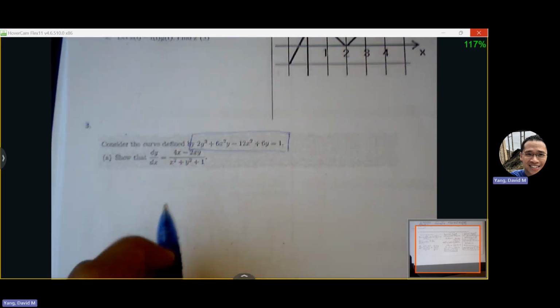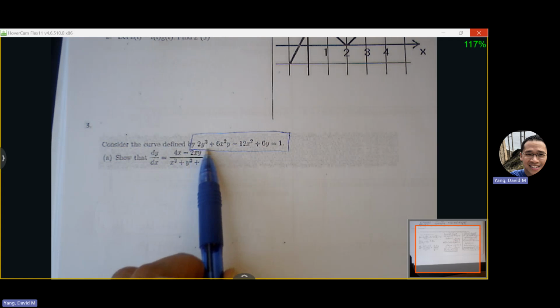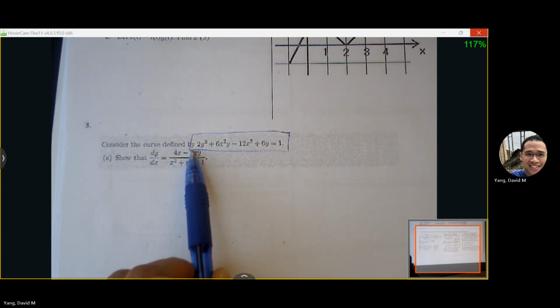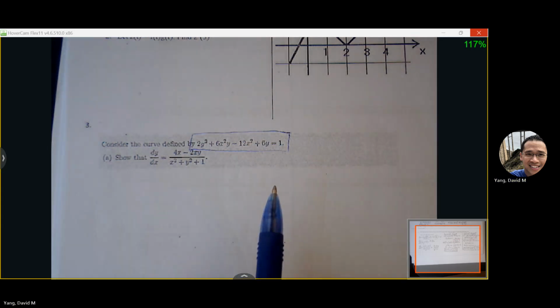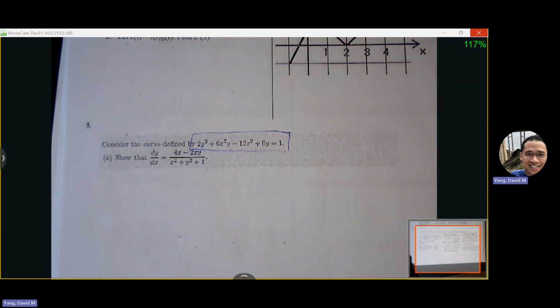Number 3, we're asked to find the derivative. So what's involved in this process if we want to find the derivative? Implicit. How many dy dx's do you expect to show up? 3. Yeah, I have 3 places where I see y's. When I find my derivative, I should have 3 separate dy dx's.